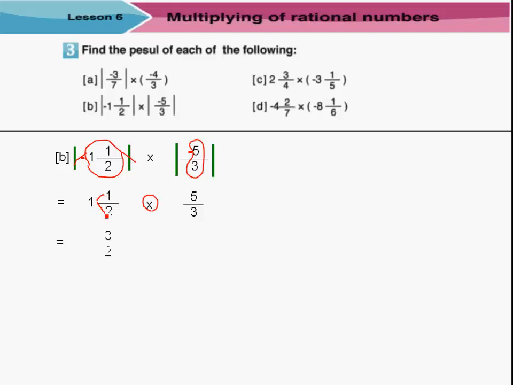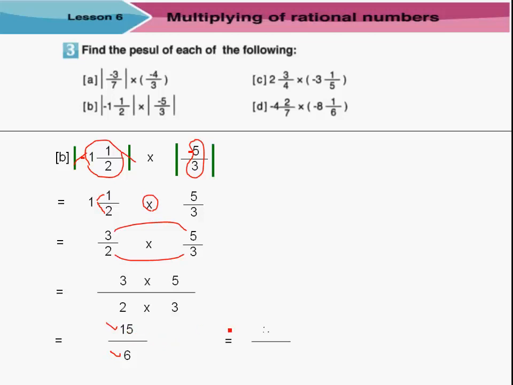So this will become 3 over 2 times 5 over 3. So we have 3 times 5 and 2 times 3. 3 times 5 is 15. 2 times 3 is 6. It can be simplified because 15 divided by 3 is 5 and 6 divided by 3 is 2.